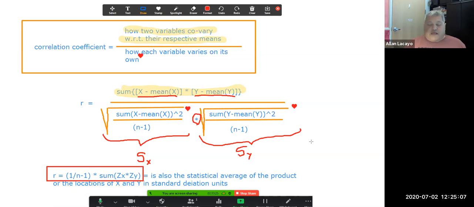So there are two different arithmetic approaches to calculating the correlation, which will yield the same answer.